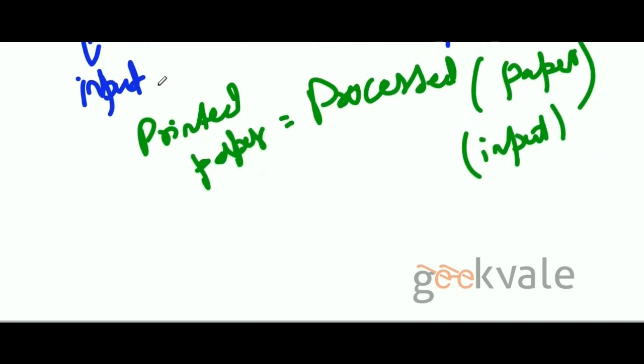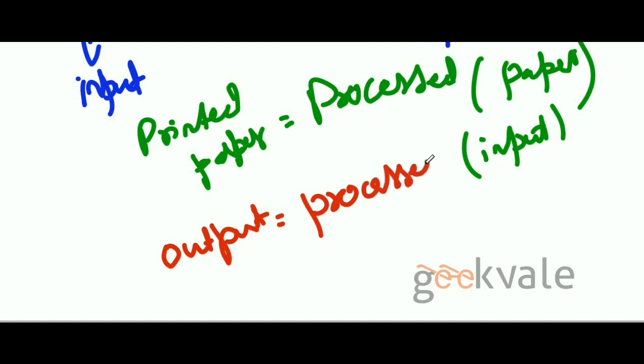Printed paper is also my output. So I can say that my output is what? Processed input. When the input is done processing, I will get what? My output. Mathematically speaking, the function actually defines a rule or the relation between two variables.